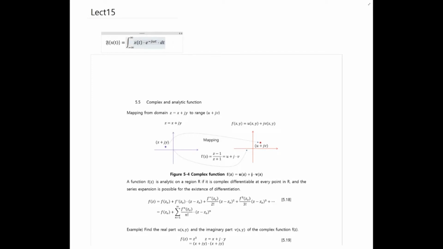Okay, this is the Fourier transform. The inverse Fourier transform of this one can be expressed in this way: 1 over 2 pi times the integral of X(j omega) e to the j omega t d omega.